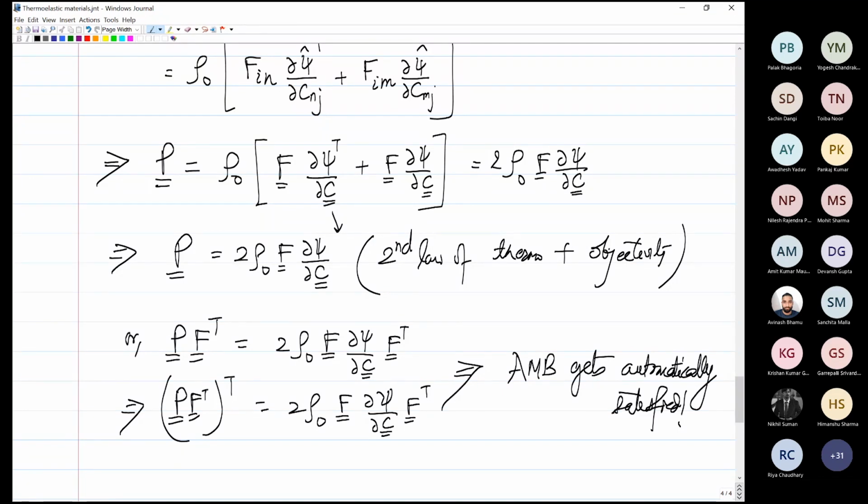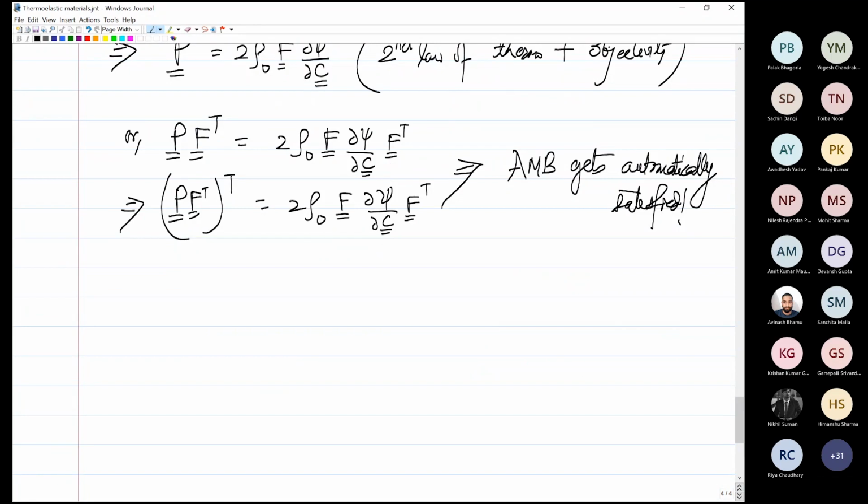So if you choose a good constitutive function, which is in consonance with entropy inequality and objectivity, then you don't have to bother about angular momentum balance. It is getting automatically satisfied. You see, this is again magical.